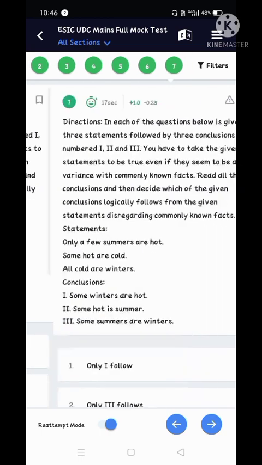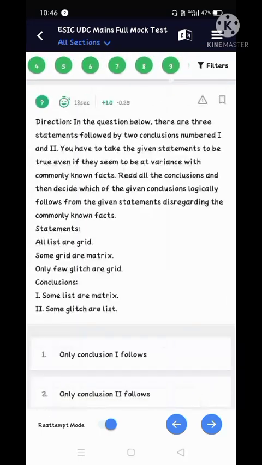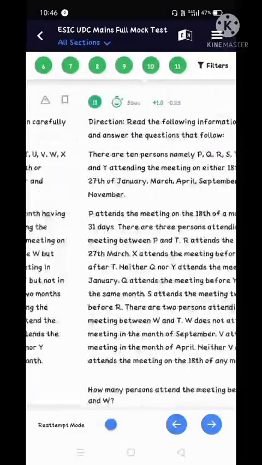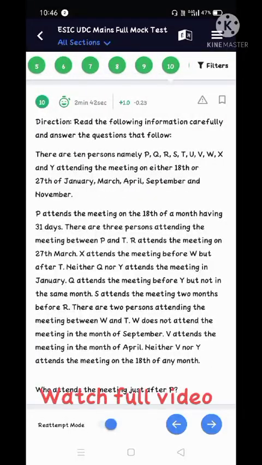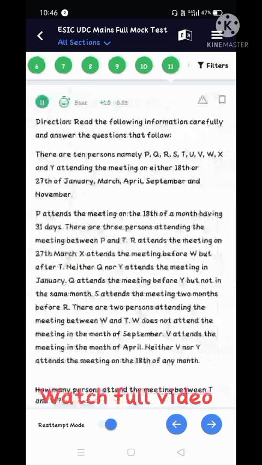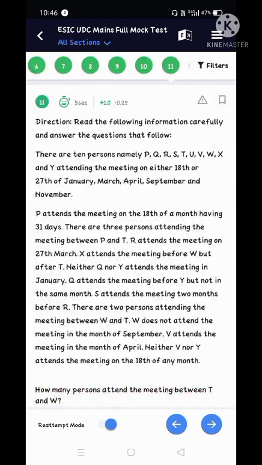Next, 6 to 10 I think were syllogisms, and after that a month based puzzle was asked, where the 18th and 27th, two dates, are given, and it went I think 11 to 15 questions.